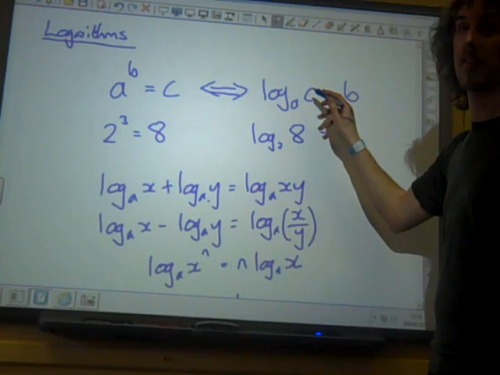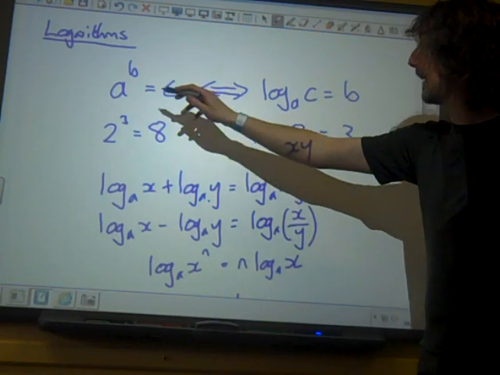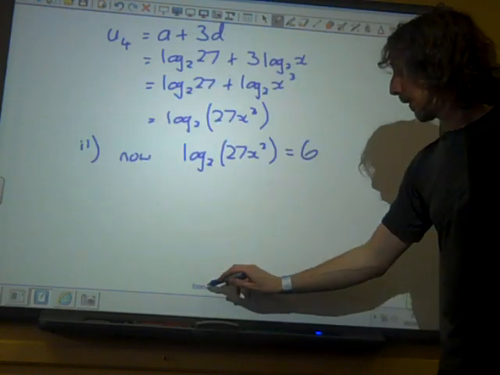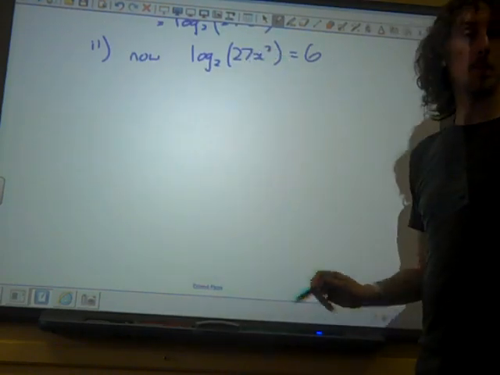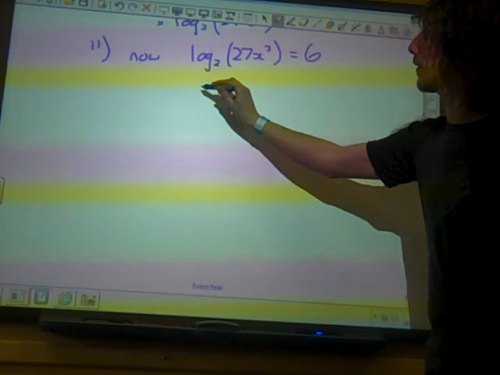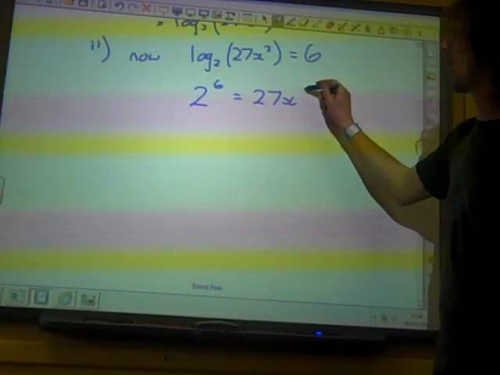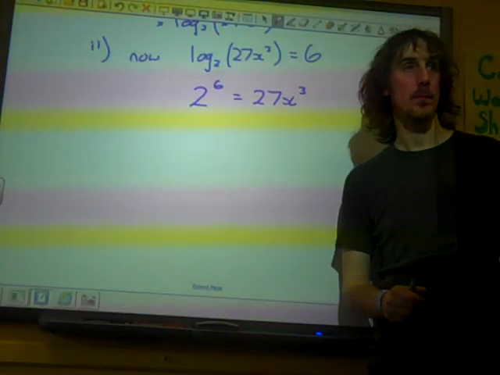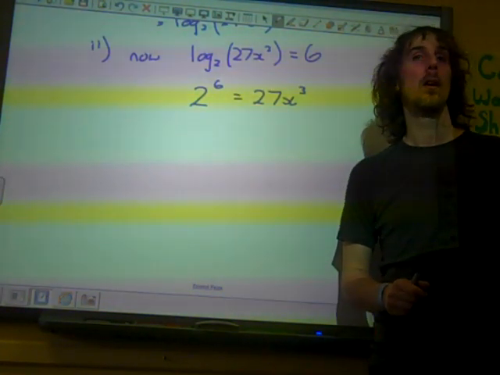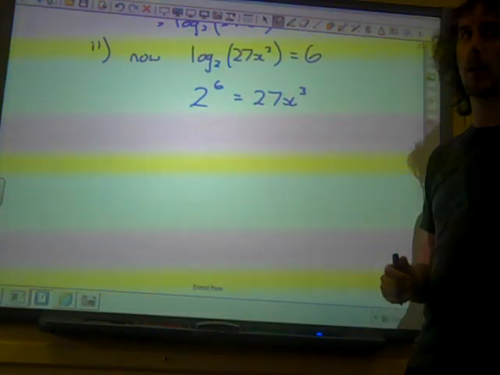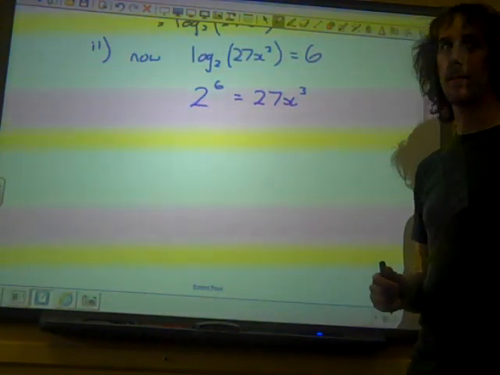We've got log base A of c equals b. That means a to the b equals c. So this statement here means that 2 to the power of 6 is equal to 27x cubed. 2 to the power of 6 would be a number.